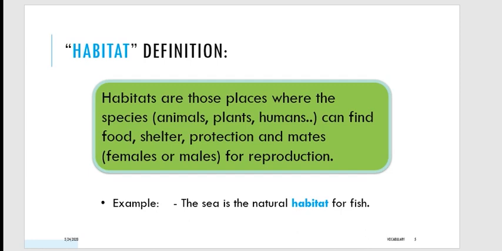Habitats are those places where species, animals, plants, humans can find food, shelter, protection, and mates. What are mates? Mates are females or males, for reproduction.